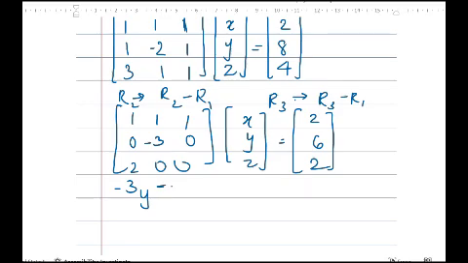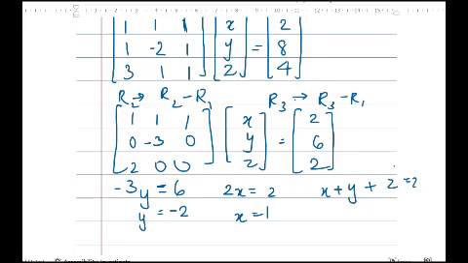So minus 3y is equal to 6. So y is equal to minus 2. Then you have 2x is equal to 2. X is equal to 1. From that, you also have x plus y plus z is equal to 2, right?